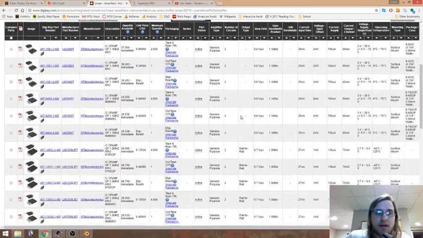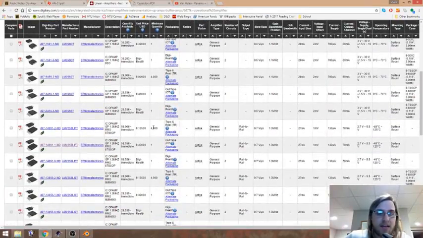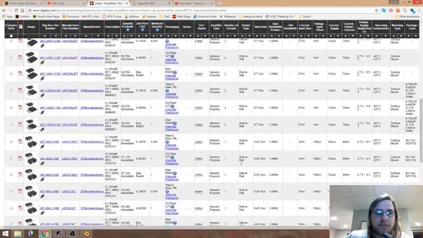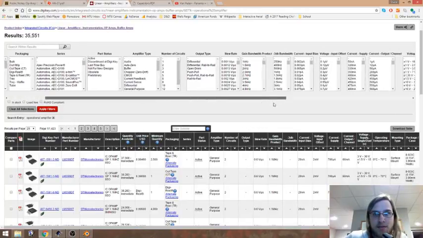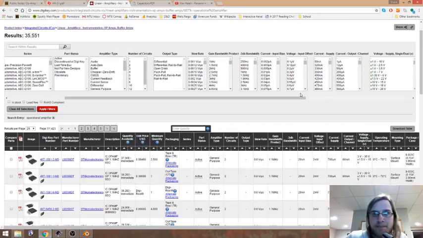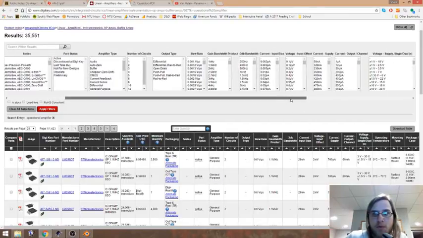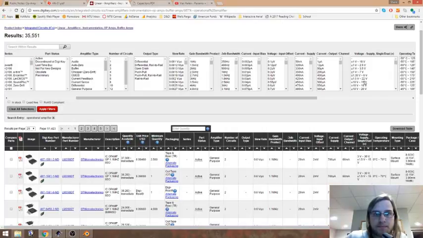So there are a lot of different op-amp choices. Really the most important thing that I'd suggest you look out for is to make sure it will work with the voltage supply that you have available.